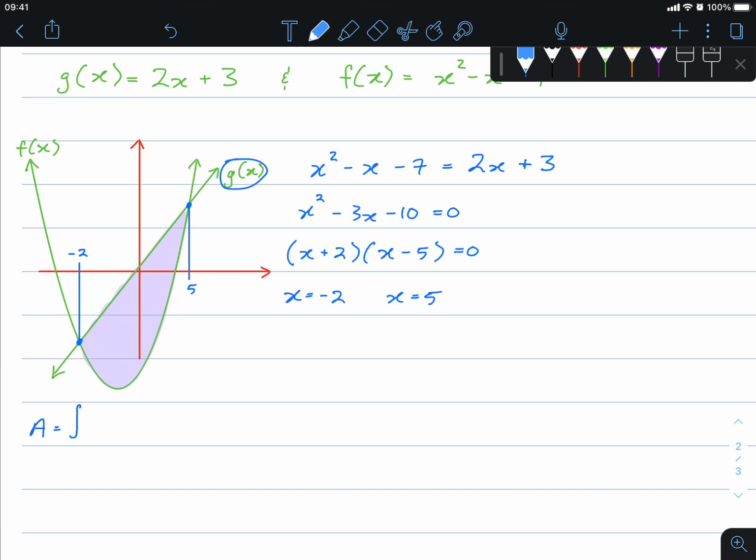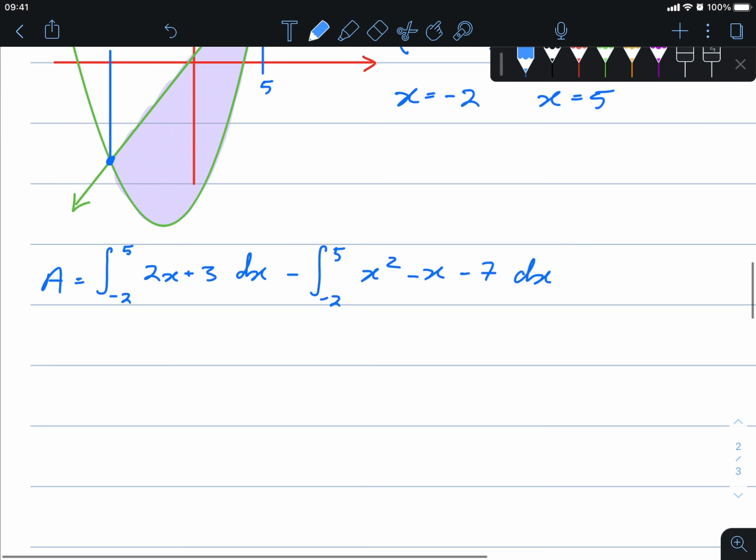The area is equal to the integral from negative 2 to 5 of the line 2x plus 3 dx minus the integral of the parabola along the same interval, x squared minus x minus 7 dx. So I'm taking you through every single step.